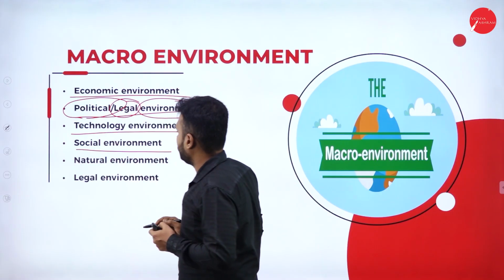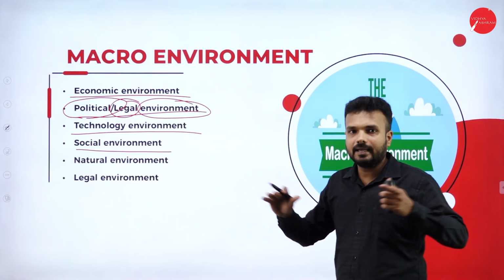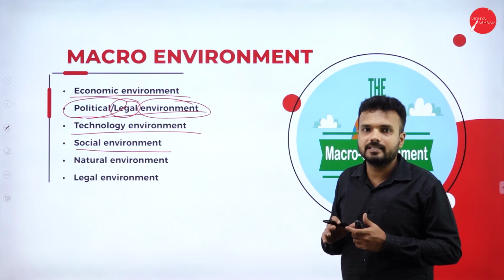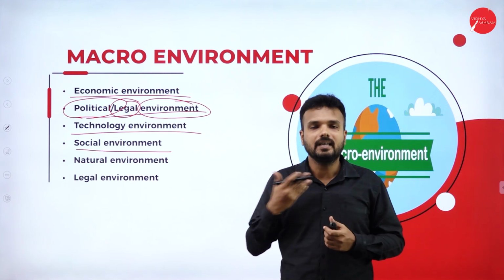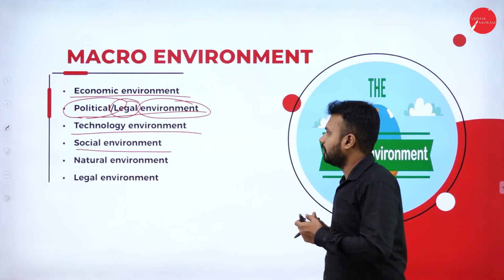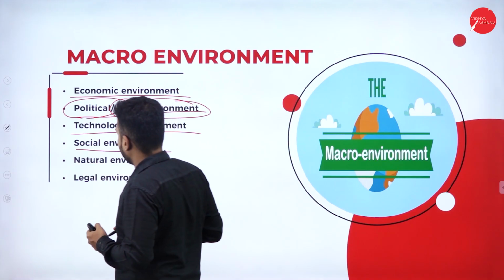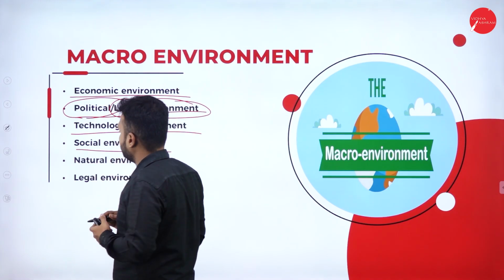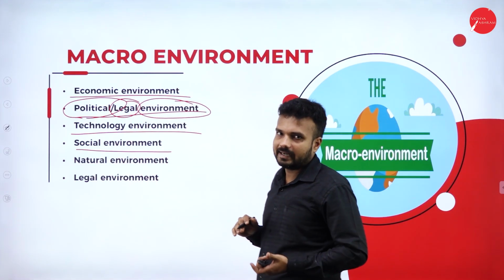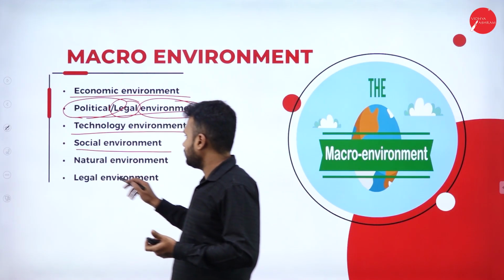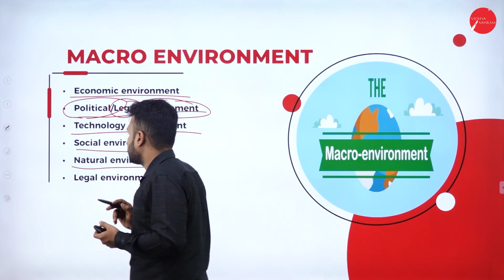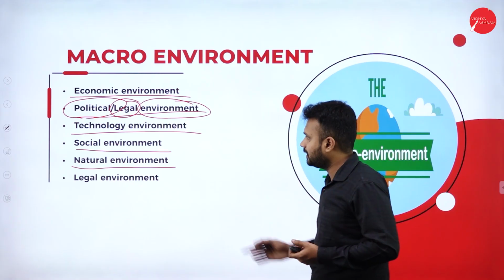Social environment, it's about the surroundings of the organization. All the things which are present surrounding the organization, we are going to consider as social factors or the social environment. It also affects the business environment directly. Done. When it comes to the natural environment, it is regarding the natural resources that we need to consider.